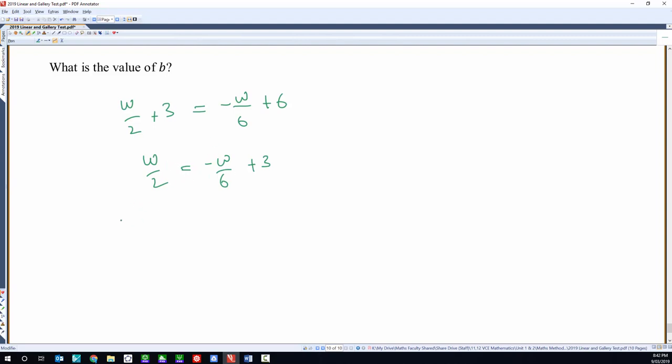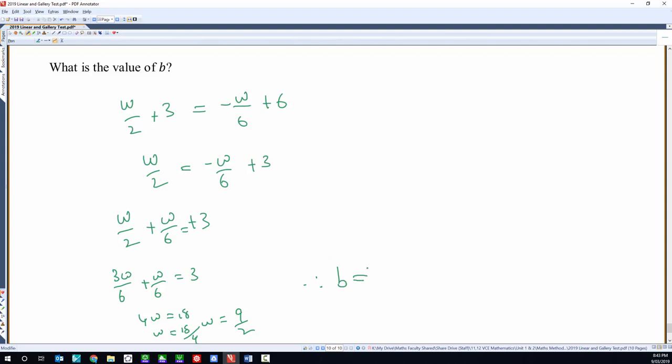Let's add w, so w over 2 plus w over 6 equals positive 3. I'm going to do 3w on 6 plus w on 6 equals 3. That's 4w equals 18. W equals 18 on 4 equals 9 on 2.